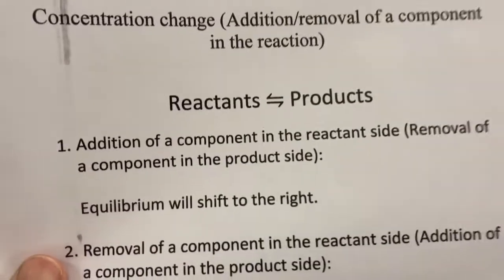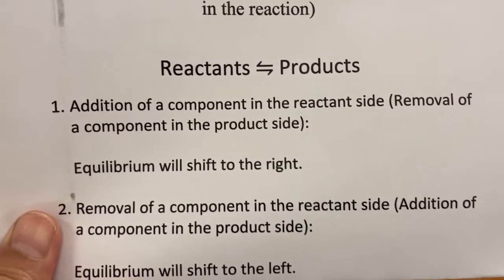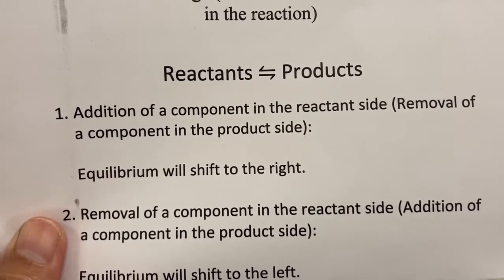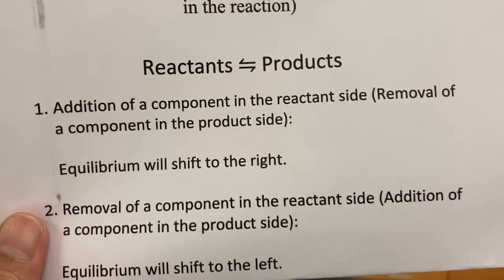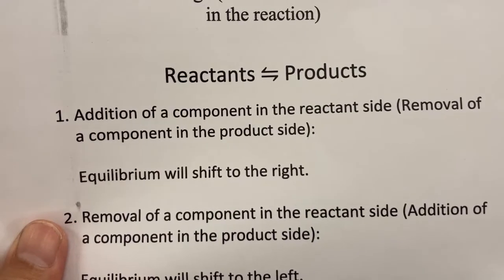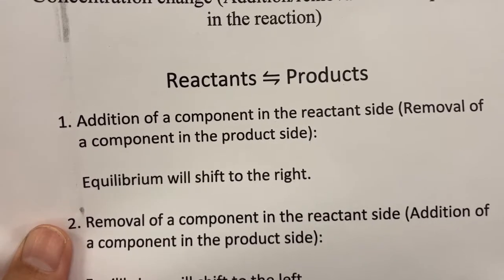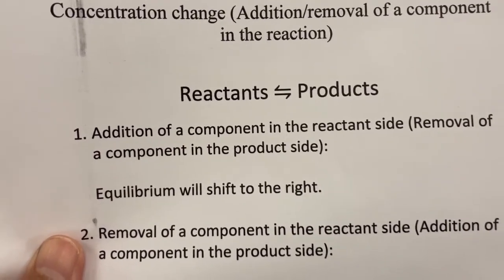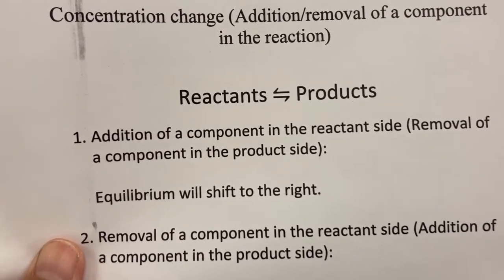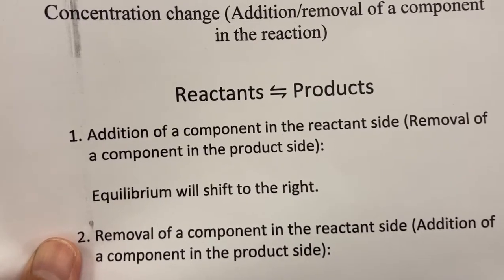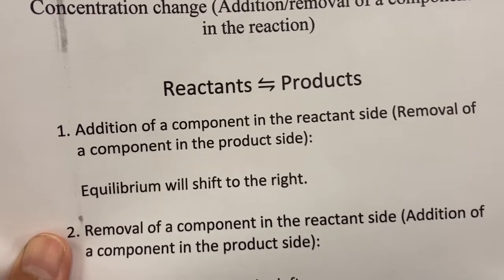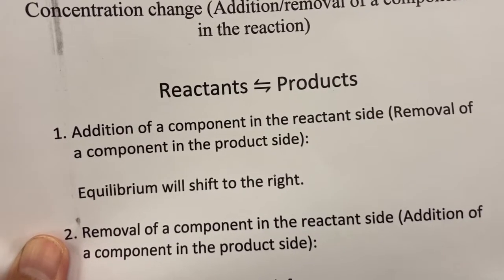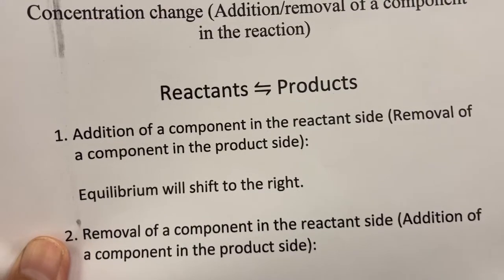I put a generic equilibrium on the paper here. Assume there's a system where reactants and the products are in an equilibrium. Le Chatelier's principle states that if you add a component to the system, it is going to move in the direction so that the added component is consumed.